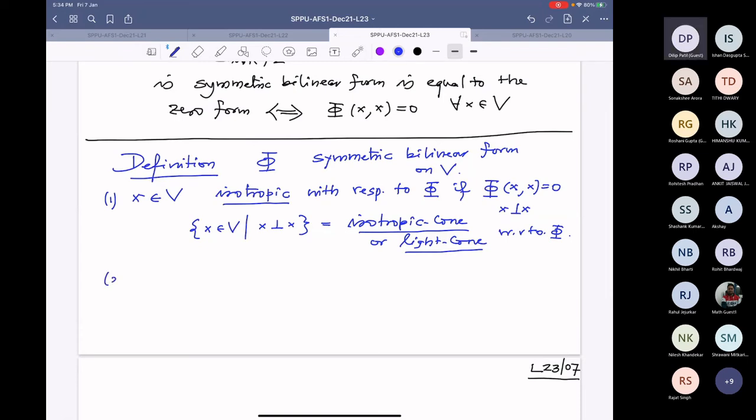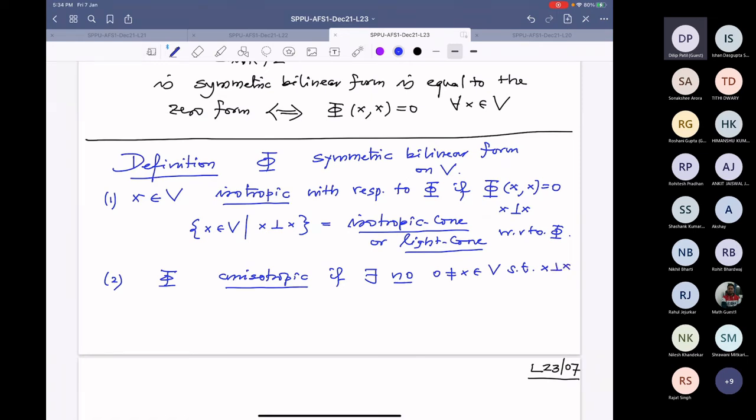And second one, we will call the form phi anisotropic if there is no such vector, if there exists no non-zero x in V such that x is perpendicular to itself.